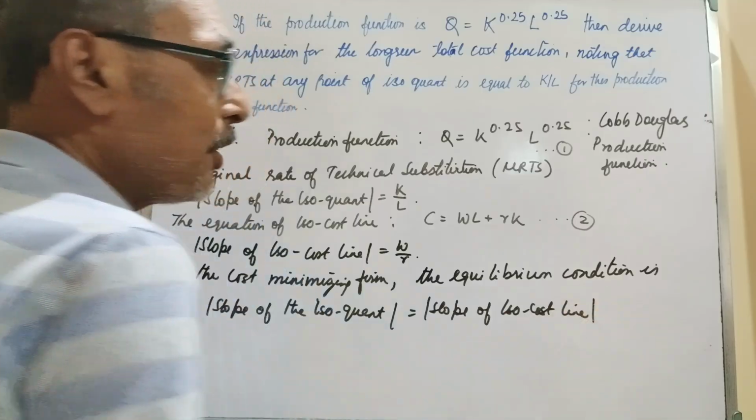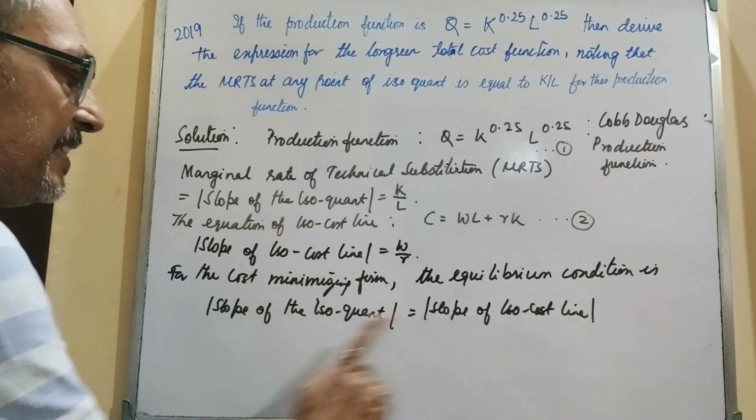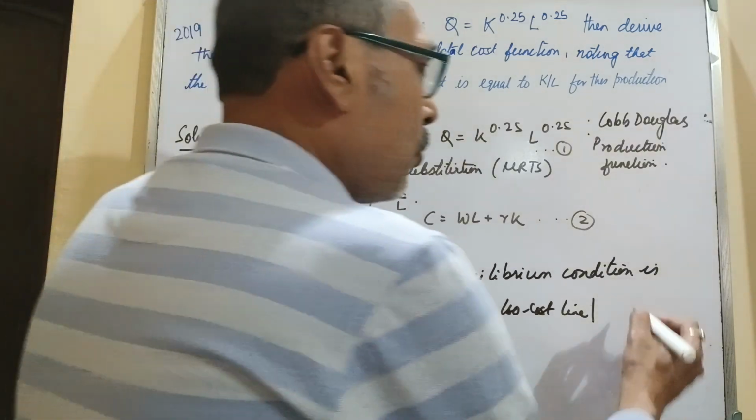That is, in equilibrium, the isocost line is tangent to the isoquant.